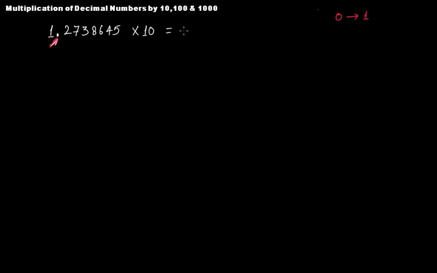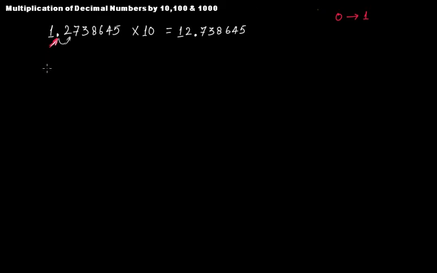So your answer will be 12 point. Why? Because it will jump one time towards the right and come after this 2. So 12.738645.